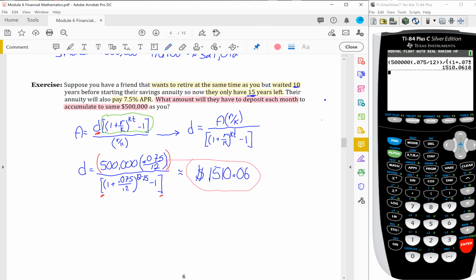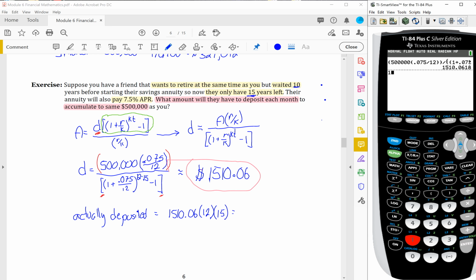Okay, let's explore this just a little bit more. Now, although the question doesn't ask it, let's look at how much is actually deposited. Okay, well, they deposited $1,510.06. They did this for every month, 12 months out of the year, and they're doing this for 15 years. So 1,510 and 6 cents.